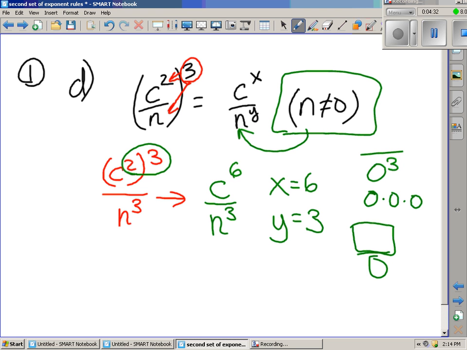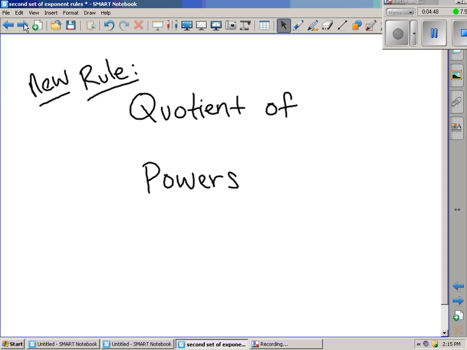Because if you take any number and you divide it by 0, it's undefined. Because you can't take a certain number of items and divide it into 0 groups. It's impossible. So you can't have 0 in the denominator. So they just gave this problem a stipulation: n cannot be equal to 0.